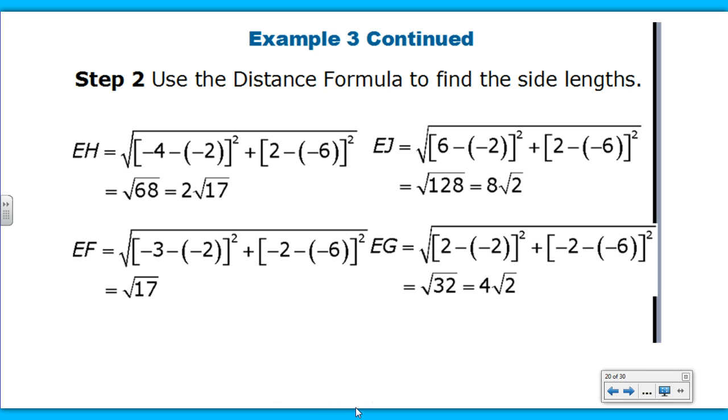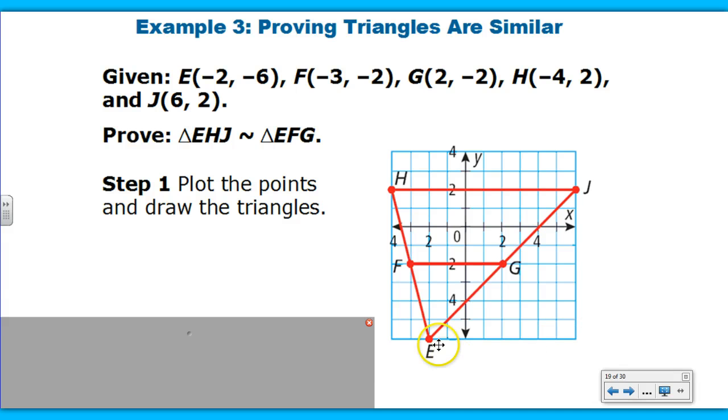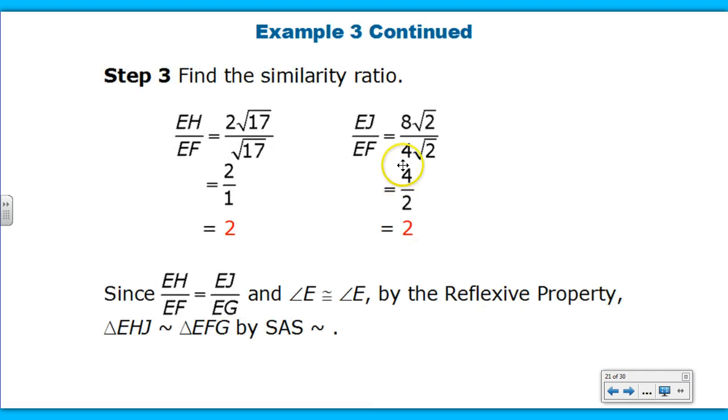The next thing we would do is set up our proportions to see if EH to EF is equal to the ratio of EJ to EG. Or we could flip those upside down, right? There are a number of ways that we could look at them. Indeed, they look at EH to EF and EJ to EG. When we substitute the known lengths, we have a ratio of 2 in both cases.